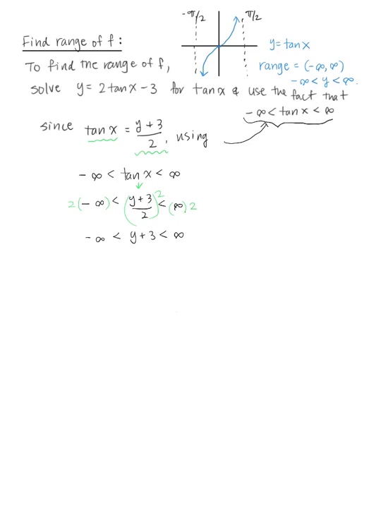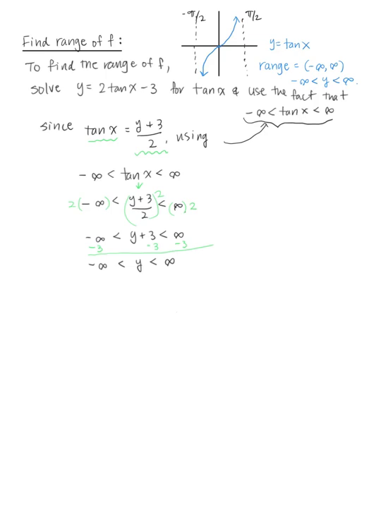Now, if I subtract 3 from that, negative infinity minus 3, we're still going to have negative infinity. Remember, negative infinity is not a number, but when you add negative 3 to negative infinity, your answer will still be negative infinity. And the same argument goes for infinity minus 3, which is still infinity. So this is what we get so far.